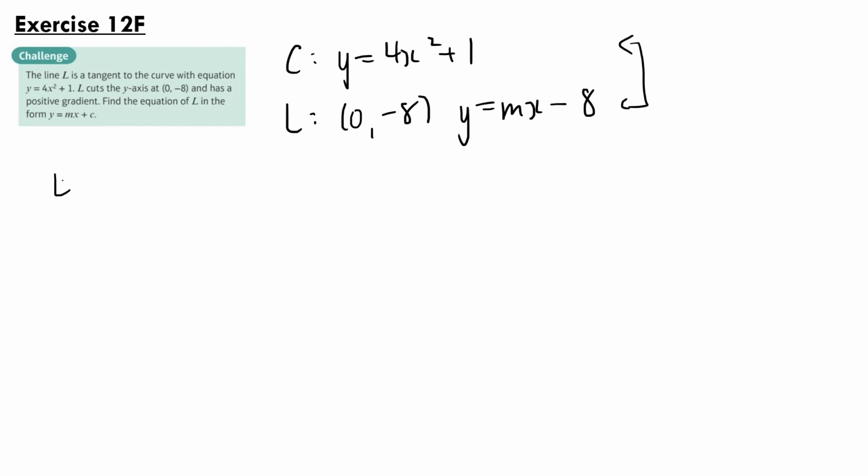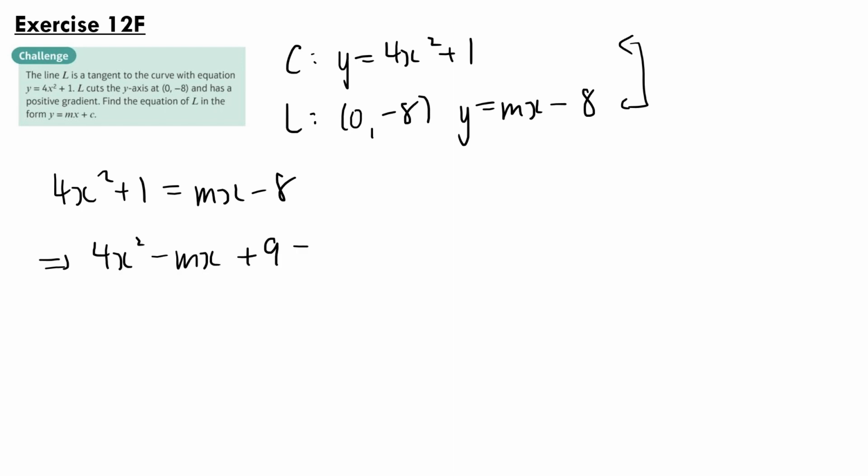So we have 4x squared plus 1 is equal to mx minus 8, and therefore 4x squared minus mx plus 9 equals 0. And now we know that this line is a tangent, so there's only one point of intersection, so the discriminant b squared minus 4ac must be equal to 0.